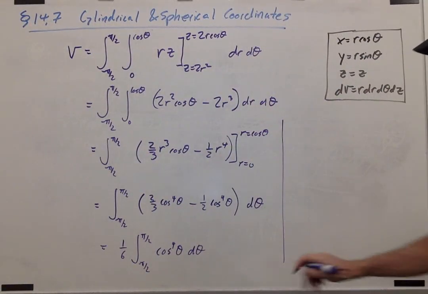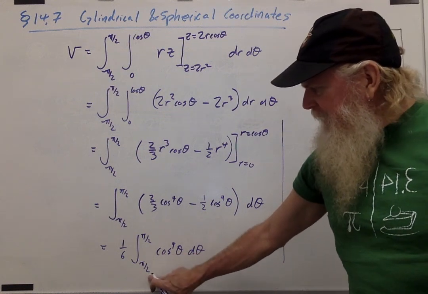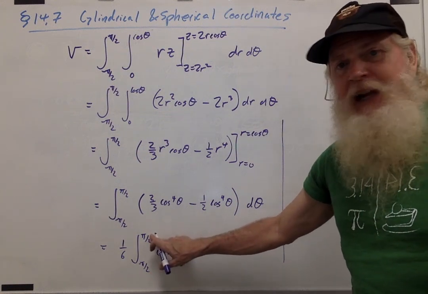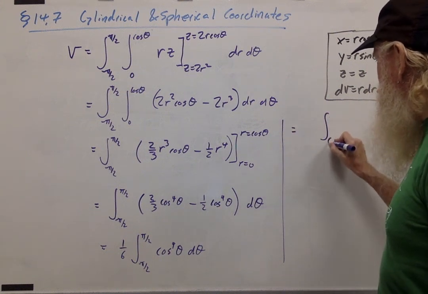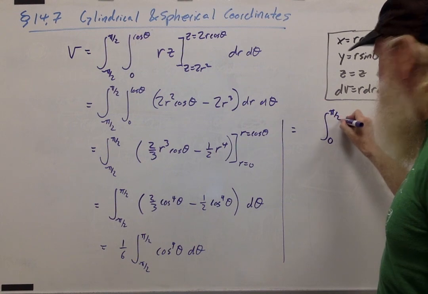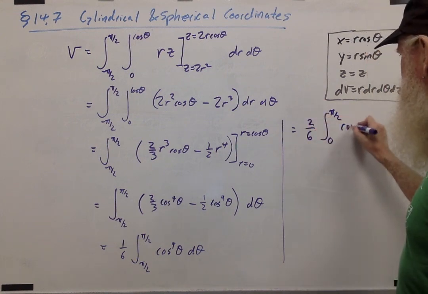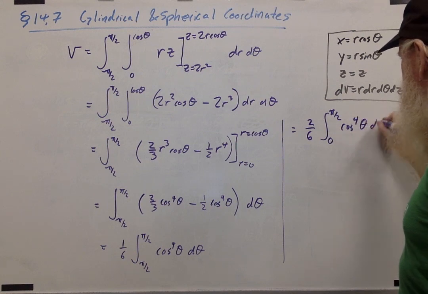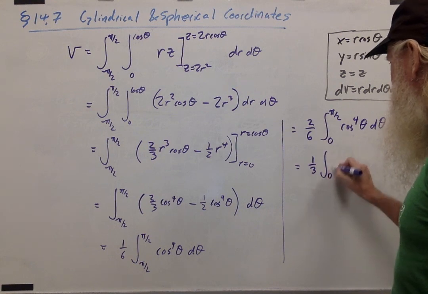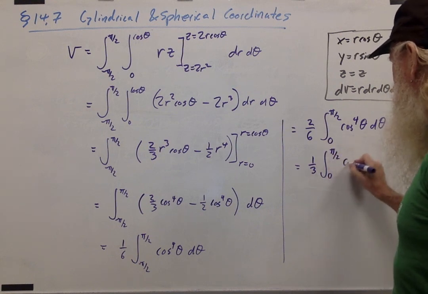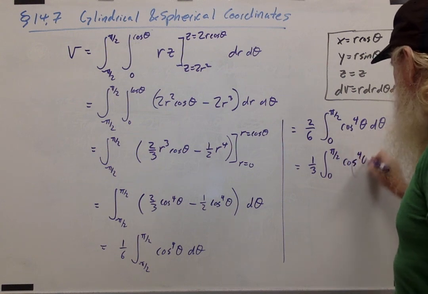Now let's observe that cosine to the 4th is an even function, and I'm integrating it from negative pi over 2 to pi over 2. So it's okay for me just to integrate from 0 to pi over 2 and double my answer. So I get 1/3 the integral from 0 to pi over 2 of cosine to the fourth theta.